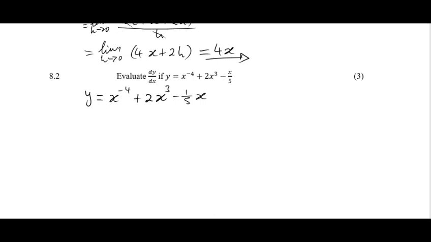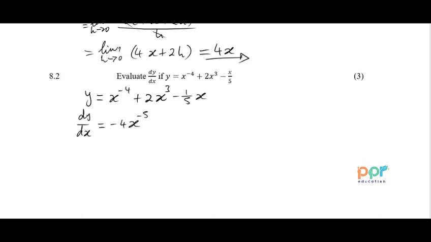Now I can find the derivative of y with respect to x. So the derivative of y with respect to x will be given by 1 times negative 4, which gives me minus 4. x to the power minus 4 minus 1 gives me minus 5. It's the power rule.